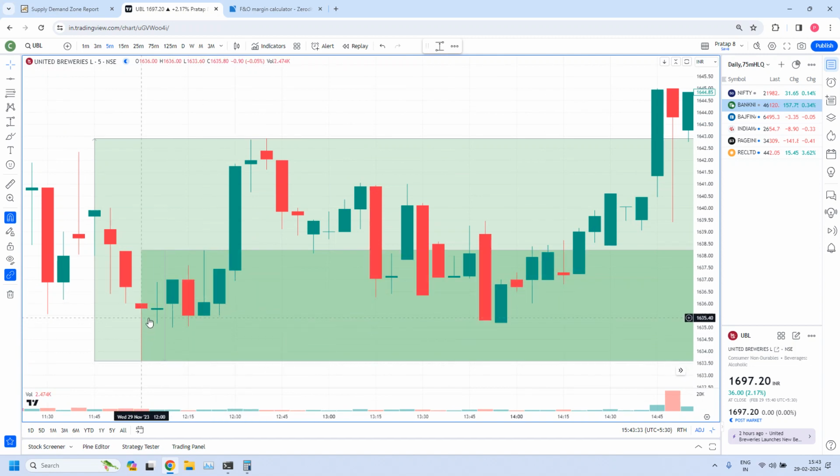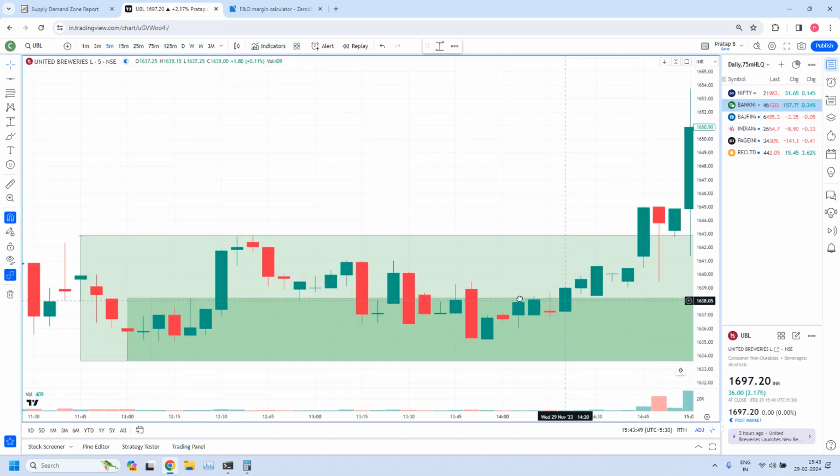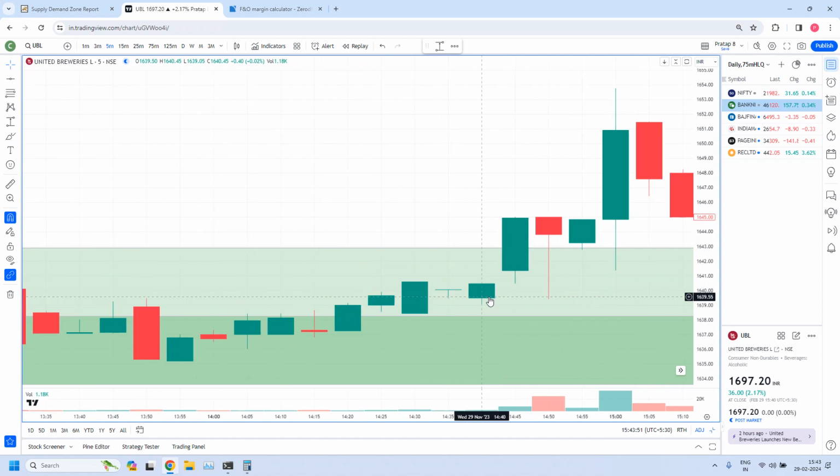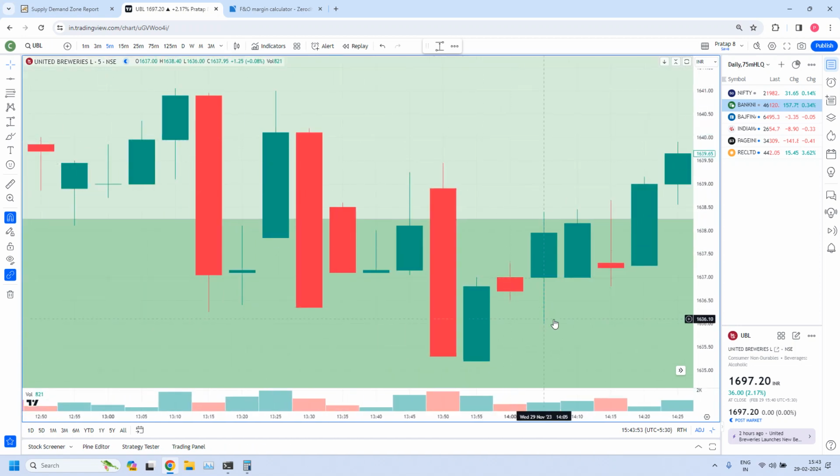See here we have an ERC candle, base candles 1, 2, 3, 4. Maybe you can consider this as a leg out, but I am not really comfortable with the structure here. This price action I am not comfortable. And in the recent price action we have rally base rally.